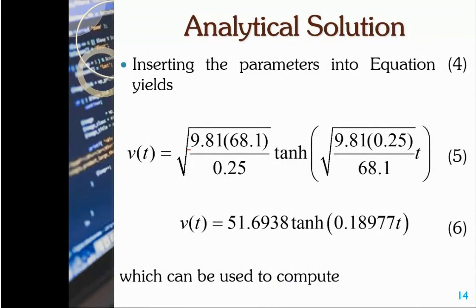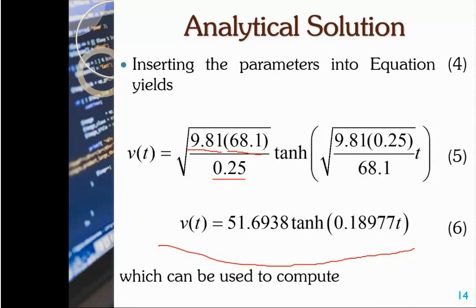So this happens to be our gravity, our mass, our drag coefficient, and the remaining constants. Now, if we simplify this equation 5, where we place in these parameters, we get this final equation 6 to be our model.